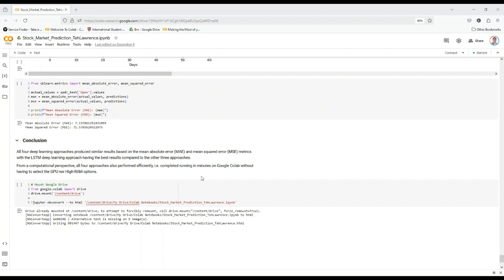For example, in my presentation slide, in the conclusion section, I mentioned potentially as a next step to try other deep learning models such as VAE, which as we know stands for variational autoencoders, as a different approach to try to predict stock market prices.